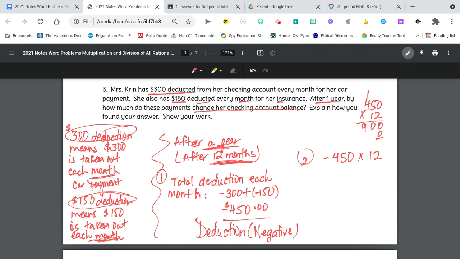Put my placeholder. 1 times 0 is 0. 1 times 5 is 5. And that's 4. Wow. Basically, she has a total of $5,400 taken out for the whole year.